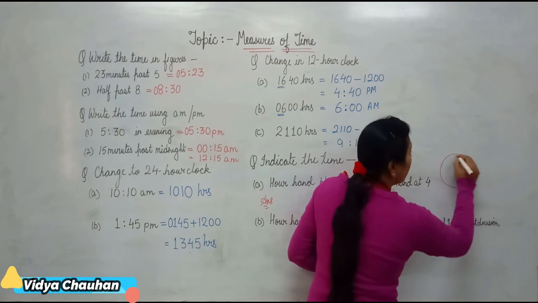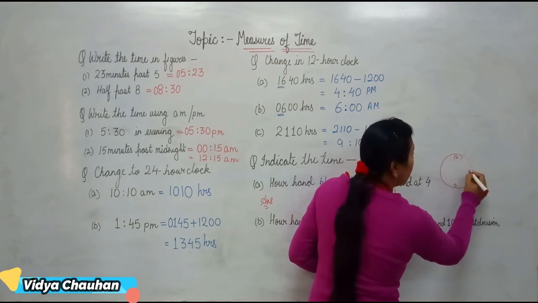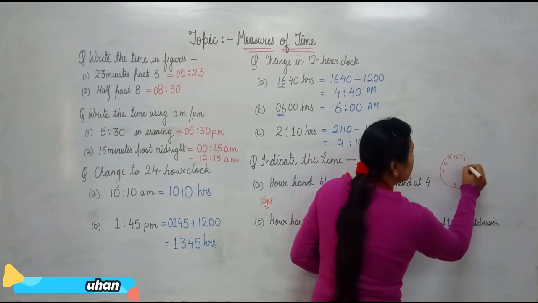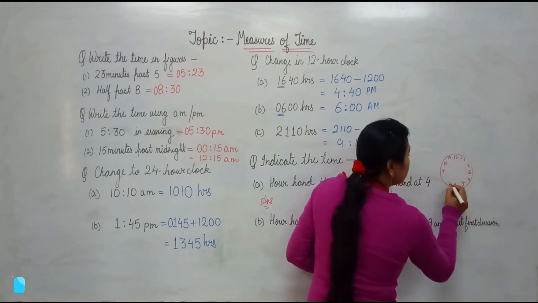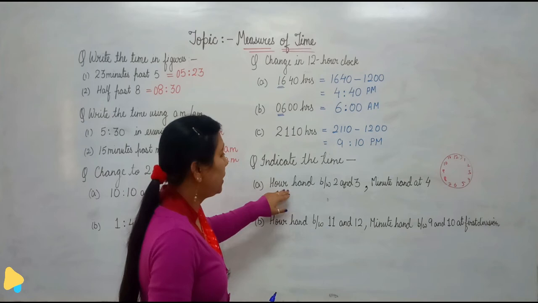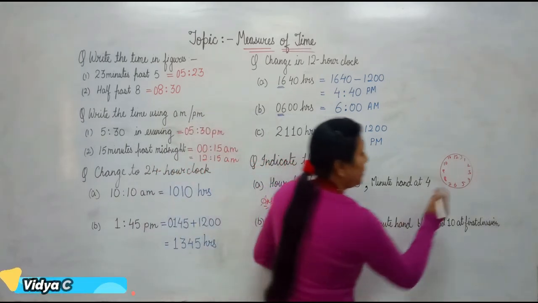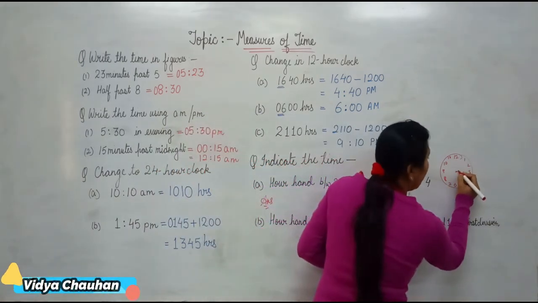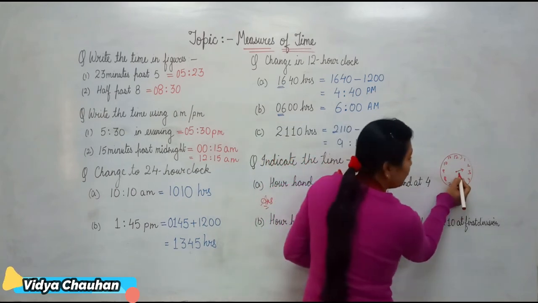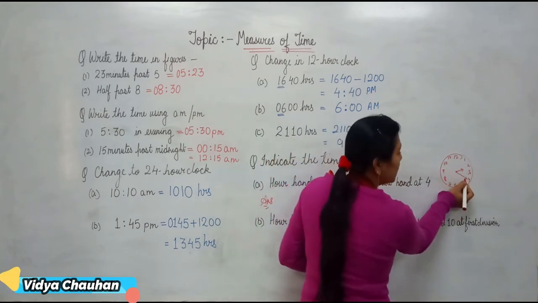So if I roughly draw the clock, so this is our clock. Now, if we check out the position, our hour hand is between 2 and 3 and the minute hand is at 4.